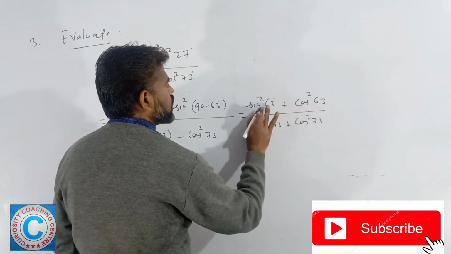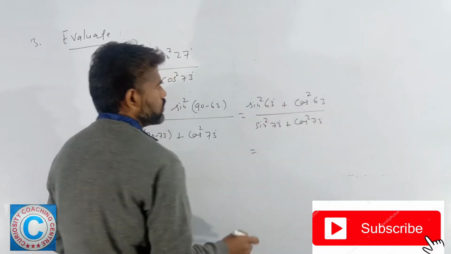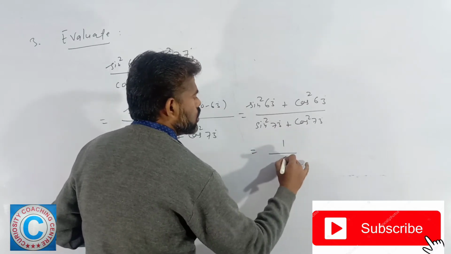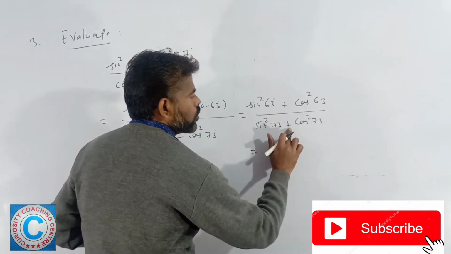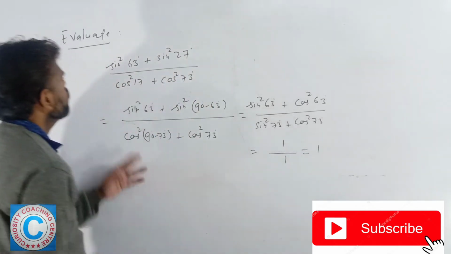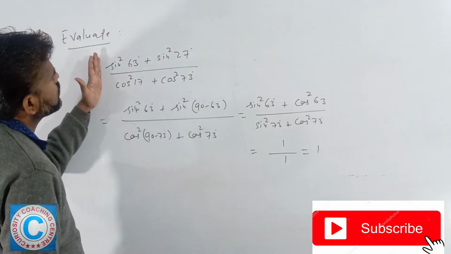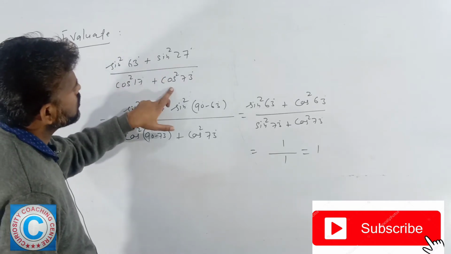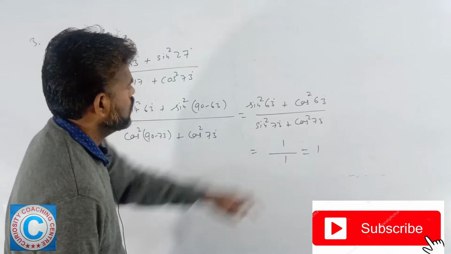This is of the form sin square theta plus cos square theta, whose value is 1. Similarly, its value is also 1. So 1 by 1 is 1. So the value of sin square 63 plus sin square 27 over cos square 17 plus cos square 73 degree is 1.